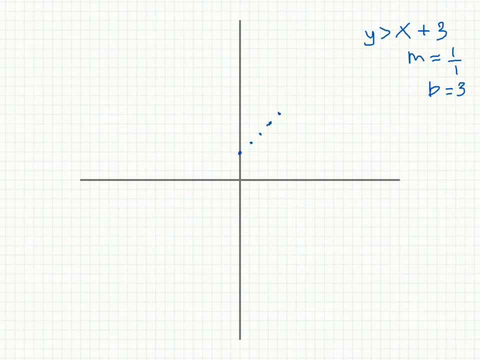Since it is non-inclusive, these dots are going to be connected with a dashed line. And I want you to do your dashed line going on forever, or as far as you can go on this graph. And we're going to do that because of the next step.